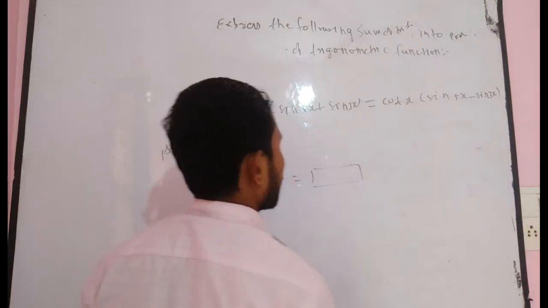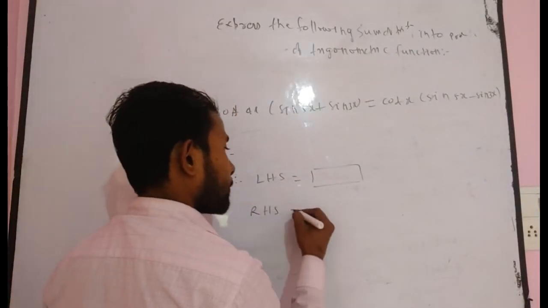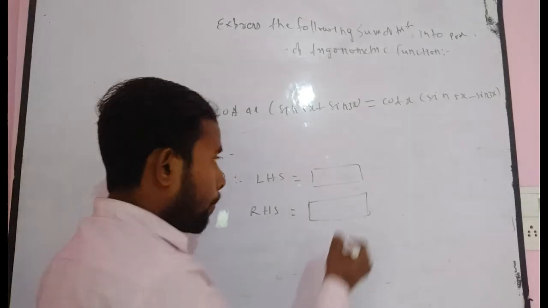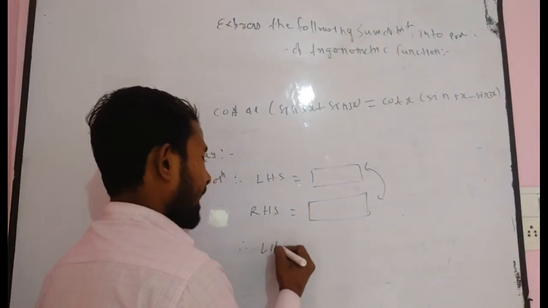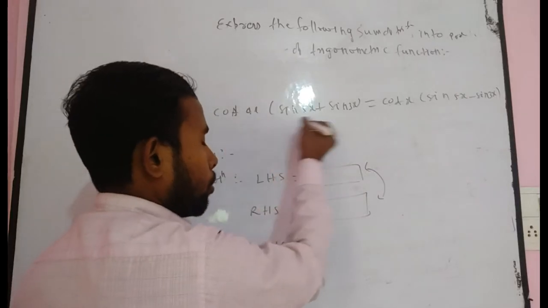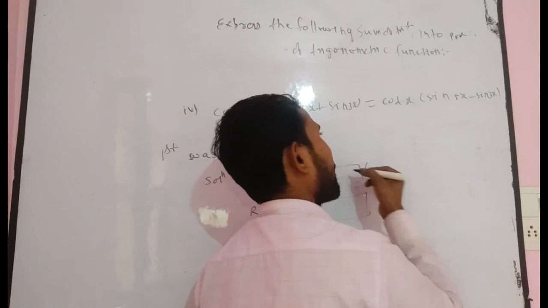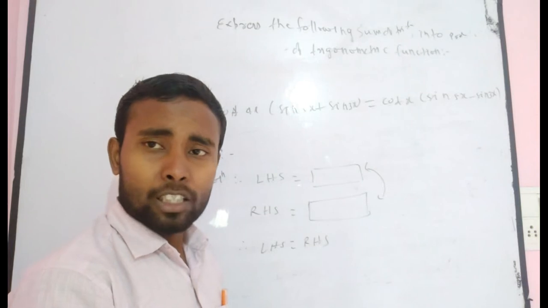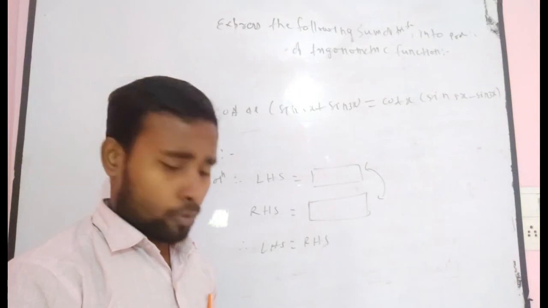Then solve the RHS, and finally you get both expressions the same. So you can show that LHS is equal to RHS. Firstly you solve the LHS, again you solve the RHS, and after it you get equal expressions that represent LHS is equal to RHS. So the given mathematical equation will be proved.